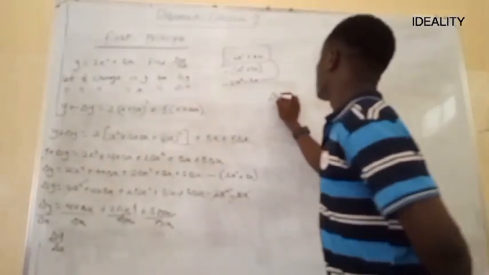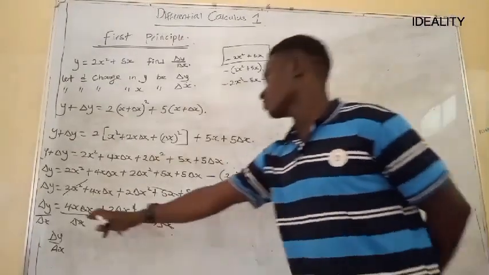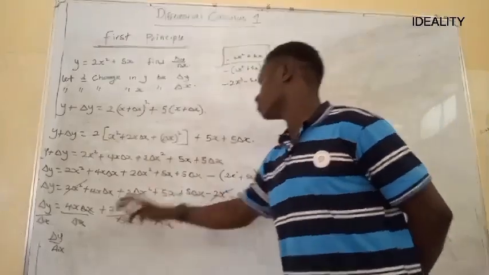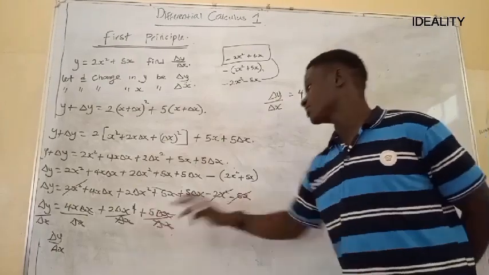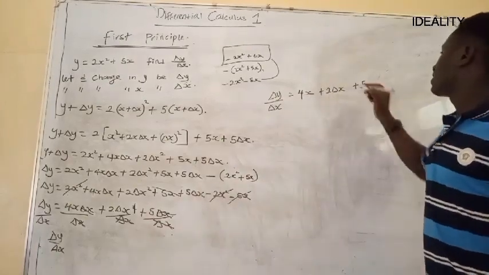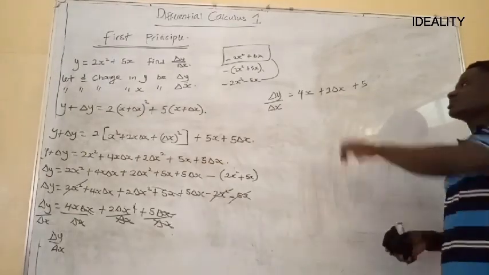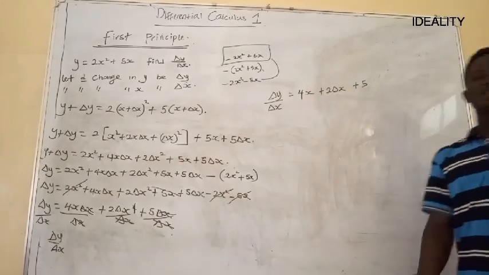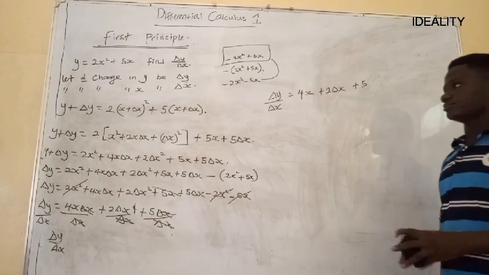So theta y over theta x is equal to 4x plus 2 theta x plus 5. And I said earlier that whenever you have theta x in your equation, after dividing by theta x, you take the limit of the remaining theta x to 0.